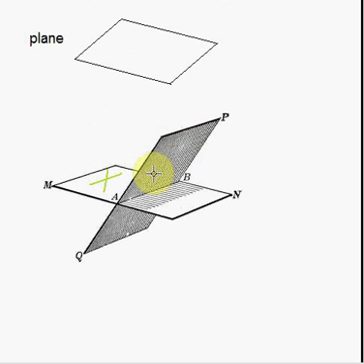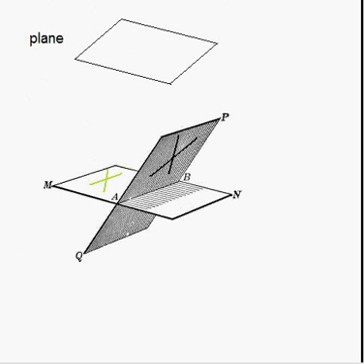Now, if we imagine these lines lying in this plane, they intersect here, they are coplanar on this plane. Okay, so remember the terms coplanar and collinear.